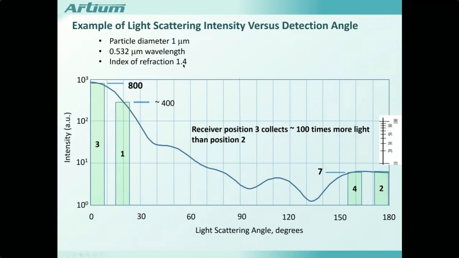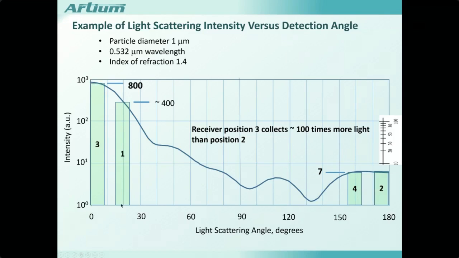The particle's index of refraction is not that significant, but this would be typical of a seed particle index of refraction. Note that the ordinate is a log scale, and I've used arbitrary units because the absolute magnitude is not important. I only want to characterize differences with scattering angle.